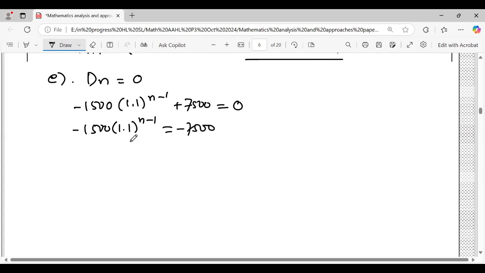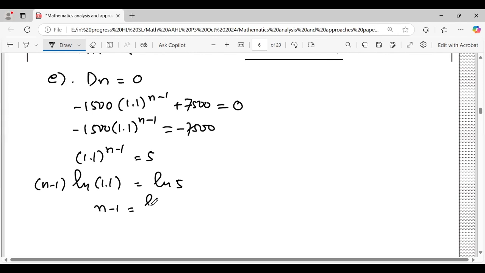We can divide, and it becomes 1.1 power n minus 1 equals 5, because 7,500 divided by 1,500 is 5. According to the log rule, we can write n minus 1 times ln 1.1 equals ln 5, or n minus 1 equals ln 5 over ln 1.1.